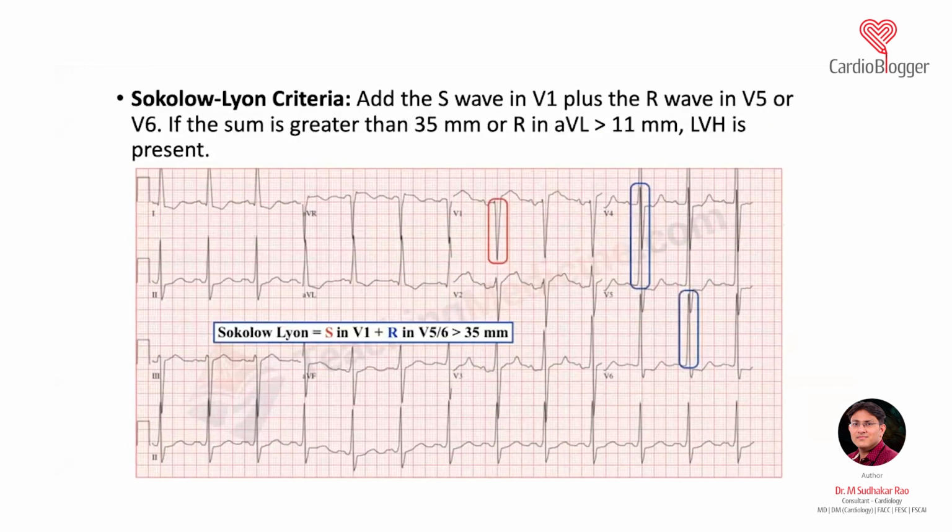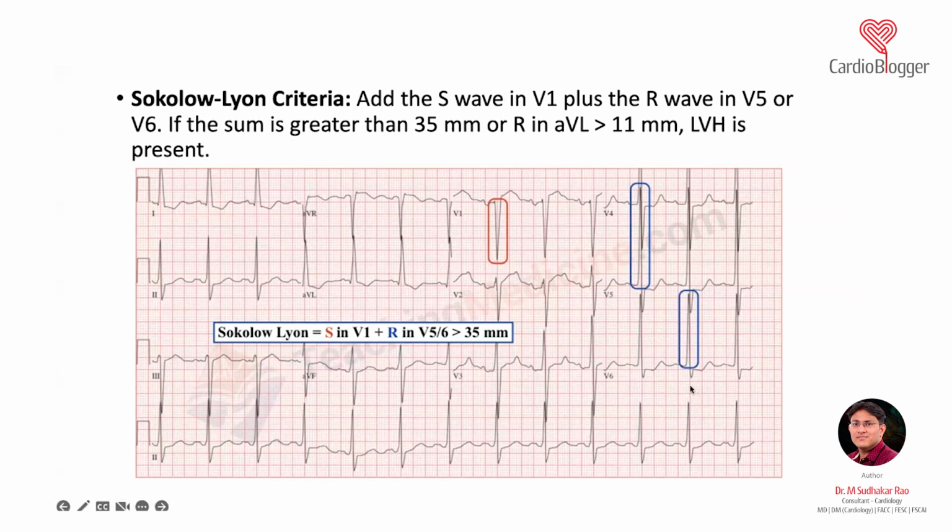Now, as I told you, the criteria which most of the people use, which is not actually very sensitive or specific, is Sokolow-Lyon criteria. We have discussed the Sokolow-Lyon criteria in right ventricular hypertrophy, but it is very useful in left ventricular hypertrophy. What you have to do is see the S in lead V1 and R in V5 or V6.